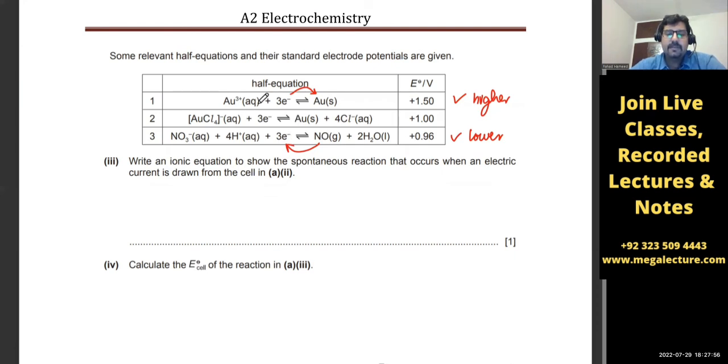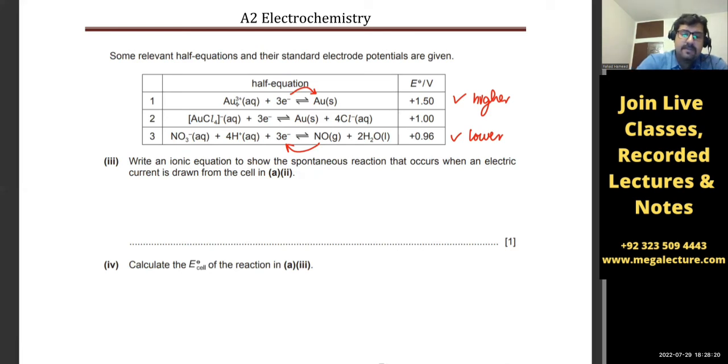You didn't have AuCl4 minus, so this equation is not relevant at the moment. He's specifically talking about the cell when an electric current is drawn from the cell, that means the cell is working, right? So this is one electrode, this is the other electrode, the higher gains, lower loses. And the electrons are already balanced, so you just have to add up the reactants.